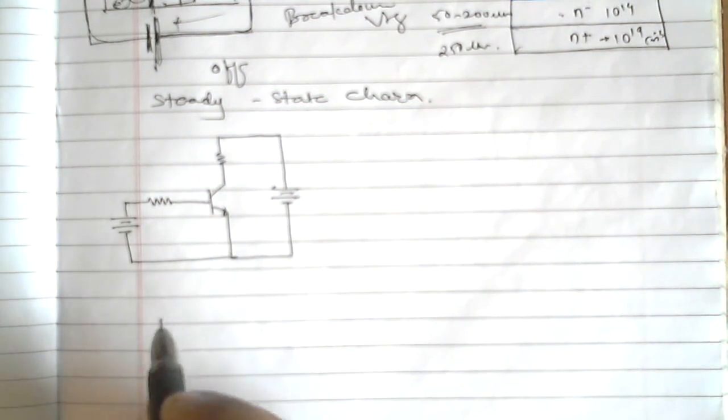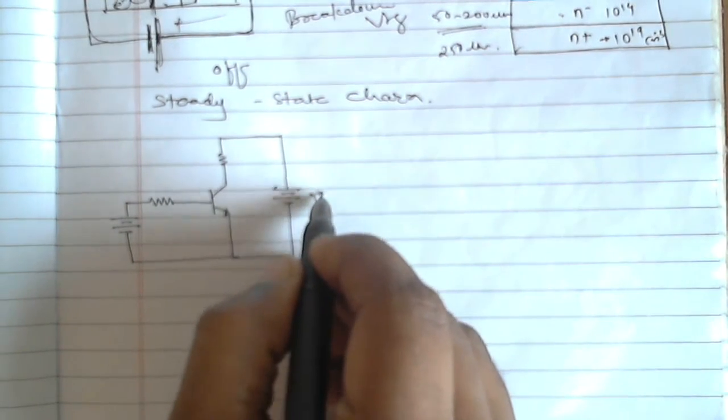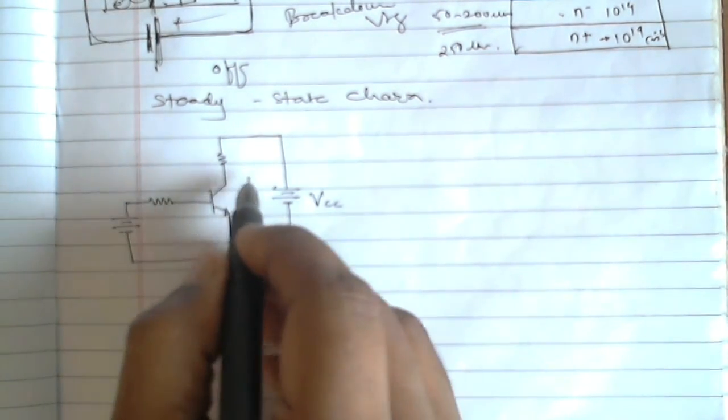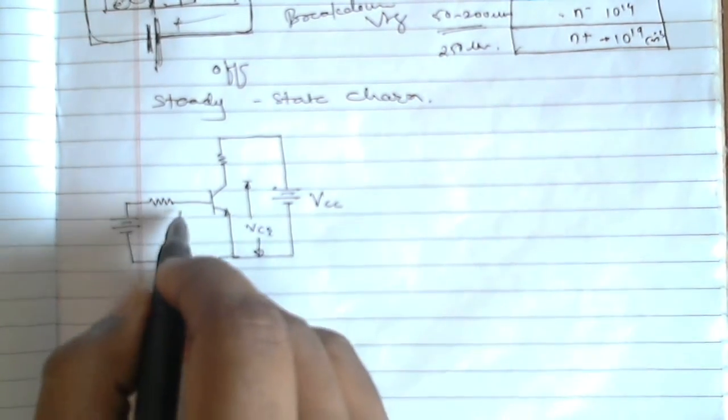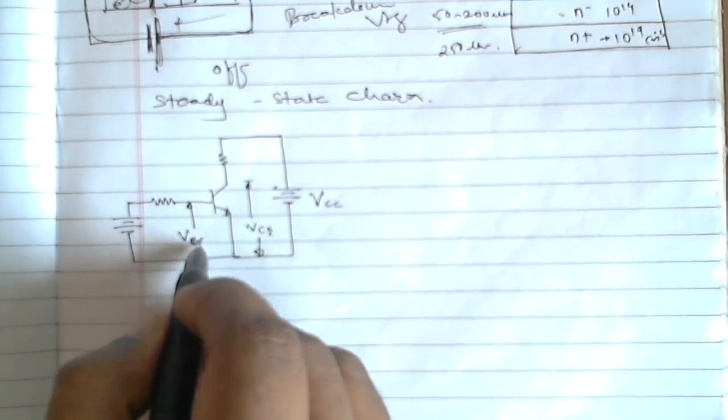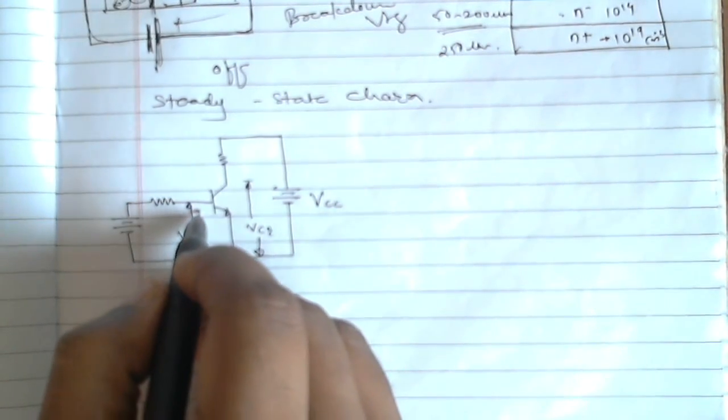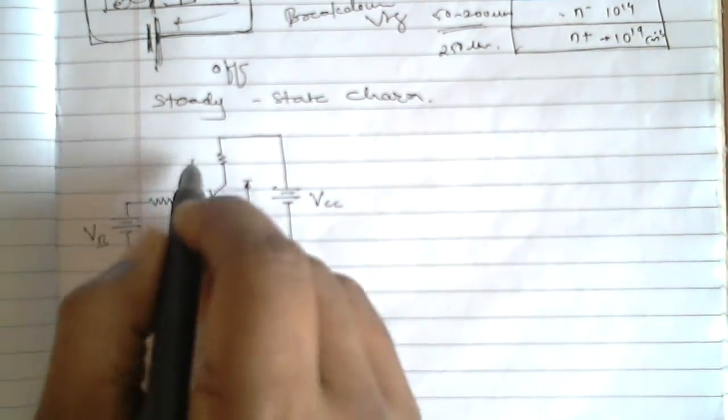Okay, this is the circuit. This supply is called VCC. The supply from collector to emitter is called VCE. This voltage is called VB, the base emitter voltage. This is plus, this is VB.